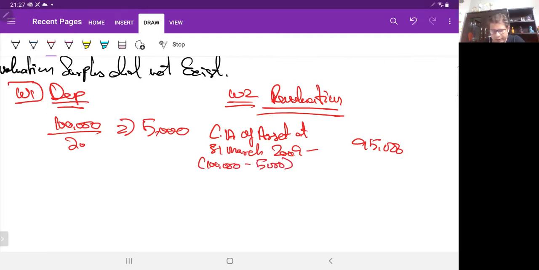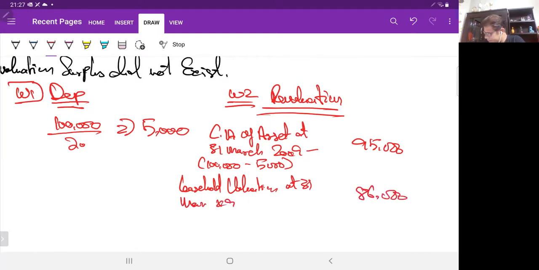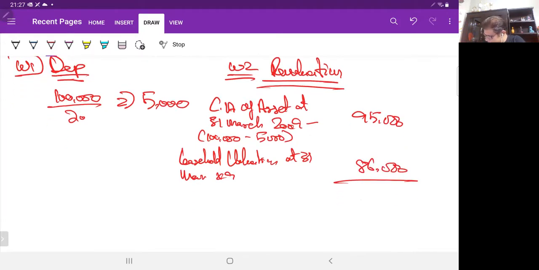It's 95,000. Then leasehold valuation at 31st March X9 is 86,000. So we had the loss on revaluation, that is 9,000.